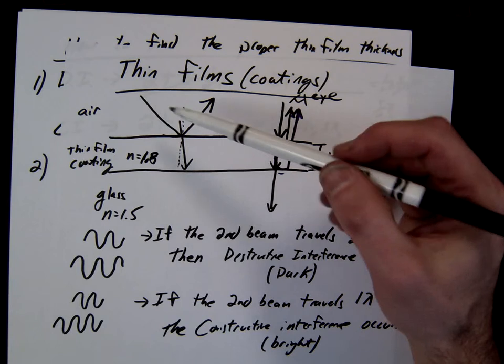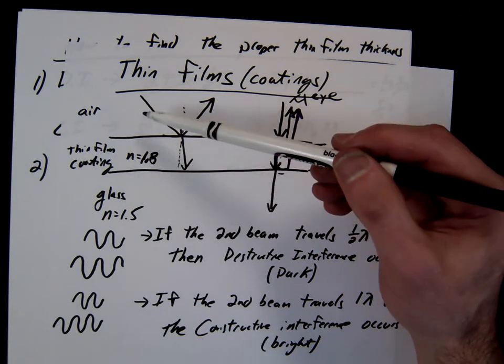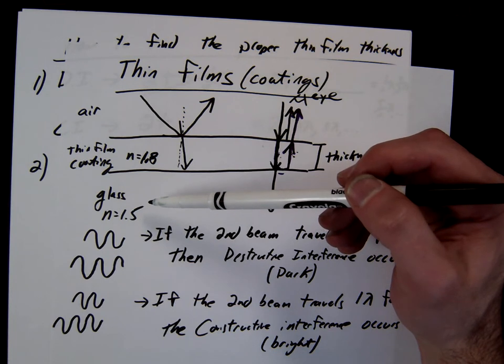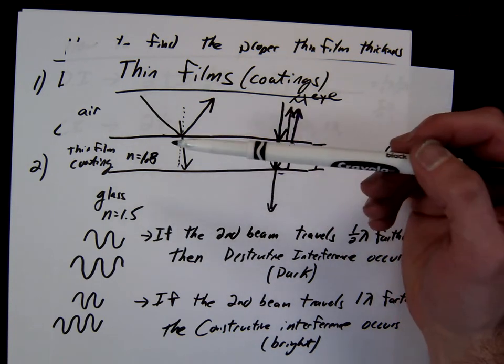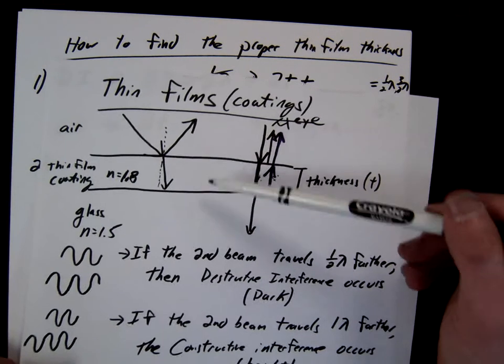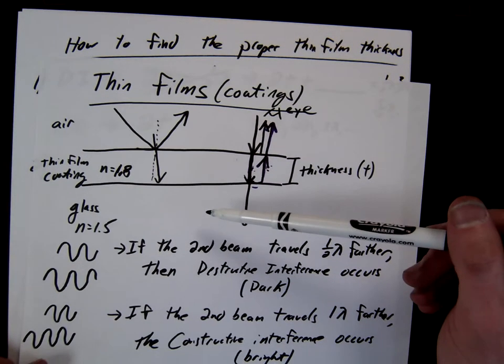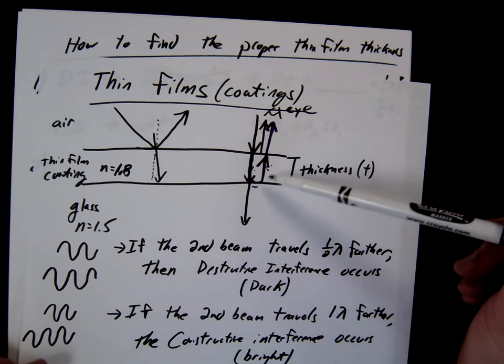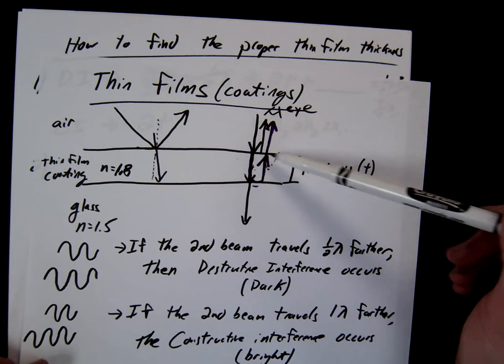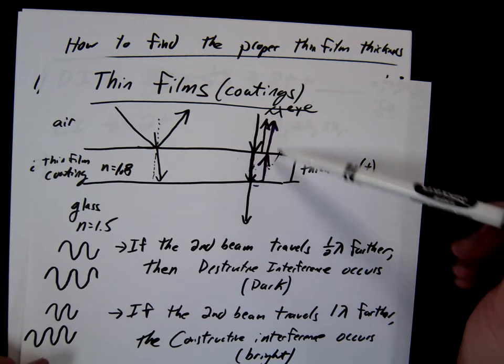So anyways, we have 3 different substances: the air, the coating, the glass. Which wavelength am I talking about? The wavelength in the air, the wavelength in the coating, or the wavelength in the glass? The wavelength in the coating, right? So this is the distance. We're looking for the thickness when it's traveling through the actual coating.